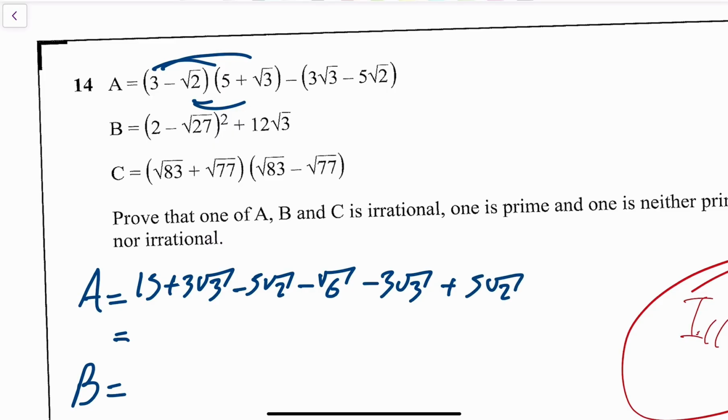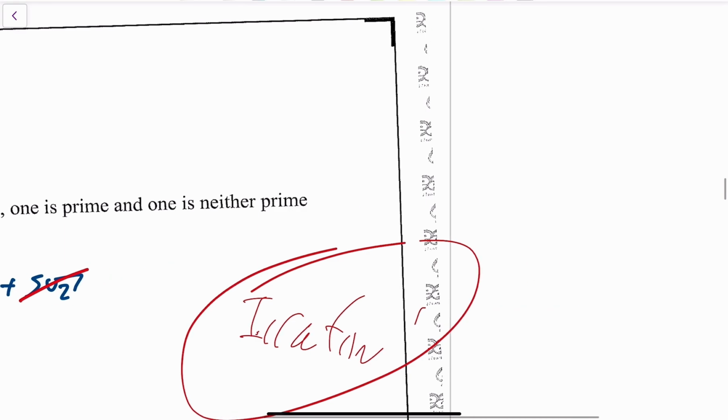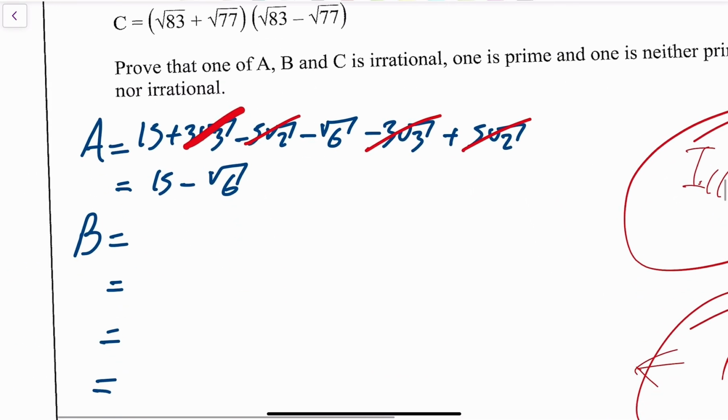Okay, if you tidy that up, first of all, what I notice then, my 3 root 3 and this minus 3 root 3 goes, the minus 5 root 2 and this goes, just leaving you 15 minus root 6. And you can see I've said here that is irrational then, because it's got a root in it.